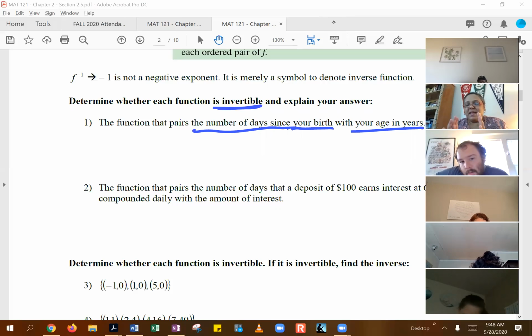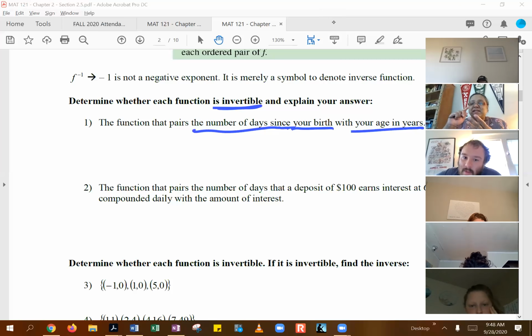If somebody is 20 years old, or a bunch of people are 20 years old, are they going to have the same number of days since they were born? Not necessarily. That number 20 can be the same for a bunch of people, but depending on which month they were born, those number of days are going to be different, right?